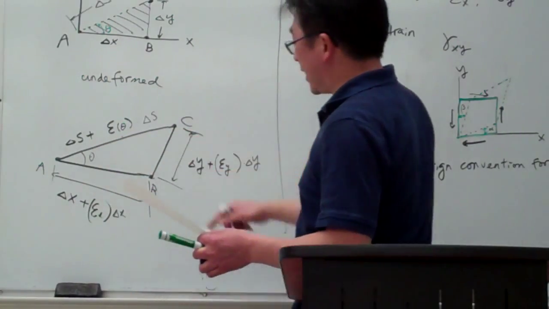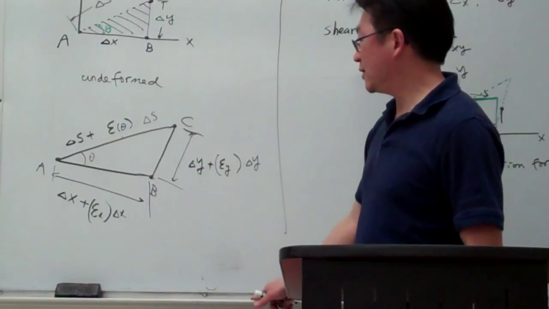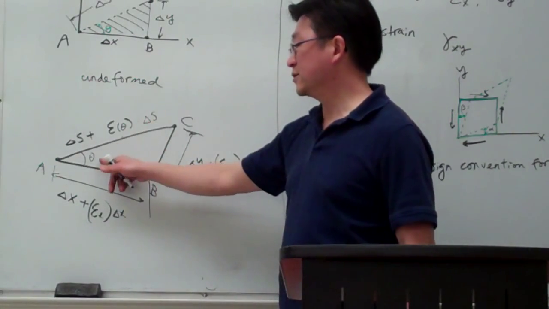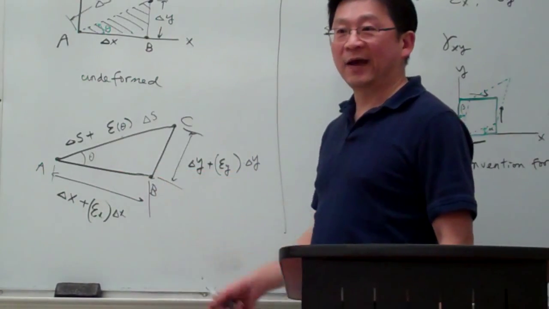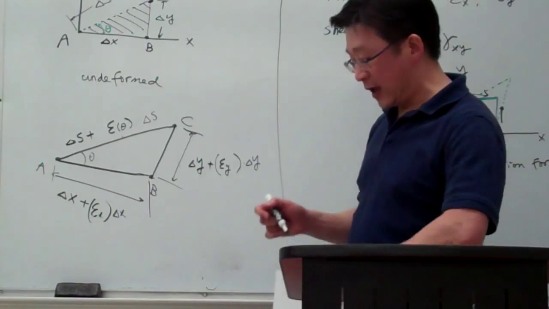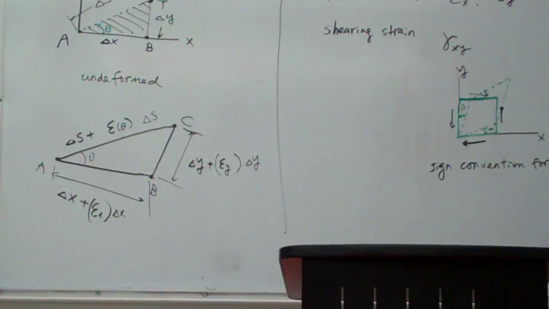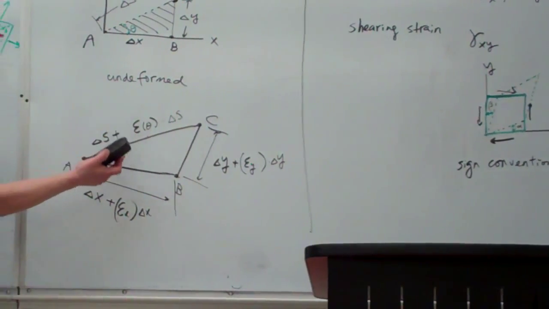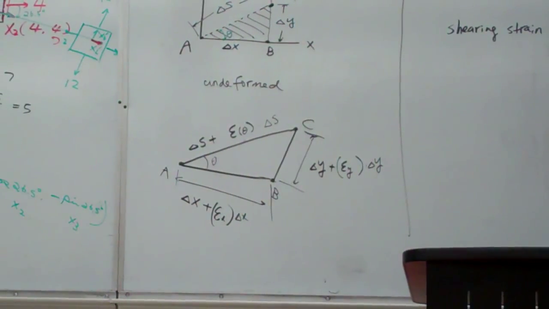With these triangles, we always have the formula relating the three sides in terms of theta. That is the mathematics we use to derive the equations for transformation, and then we will be able to calculate epsilon theta in terms of the geometry and the strain components.